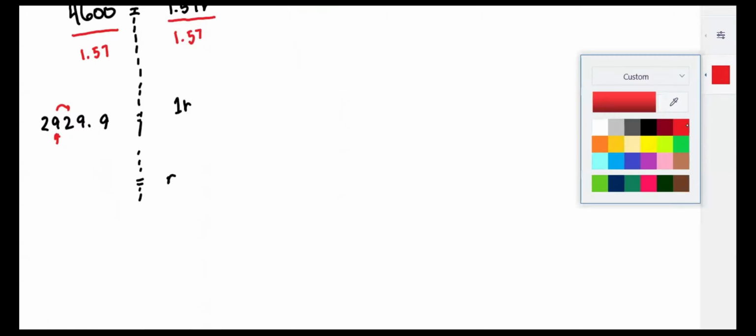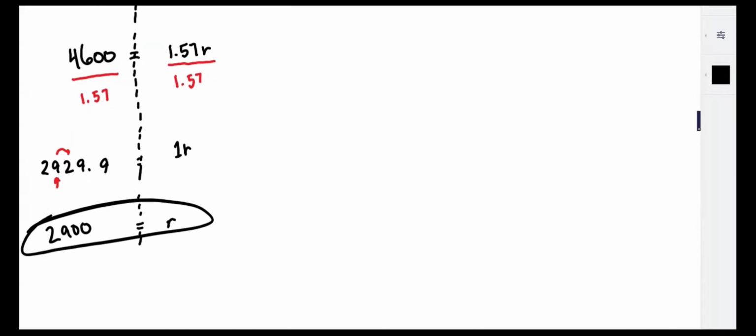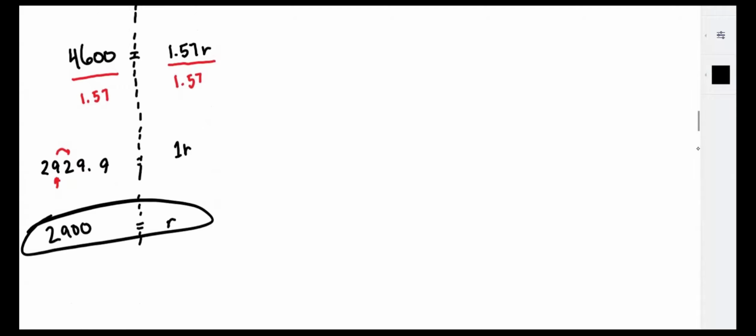And I'm going to end up with the nearest 100 to 929 is just going to be 900. So 2,900 equals R. There we go. So whether you follow the first method shown in this video or you follow this method, in both cases we did get 2,900.